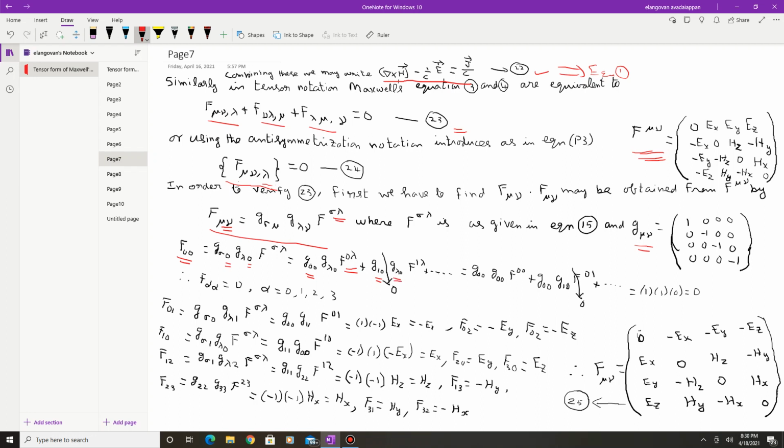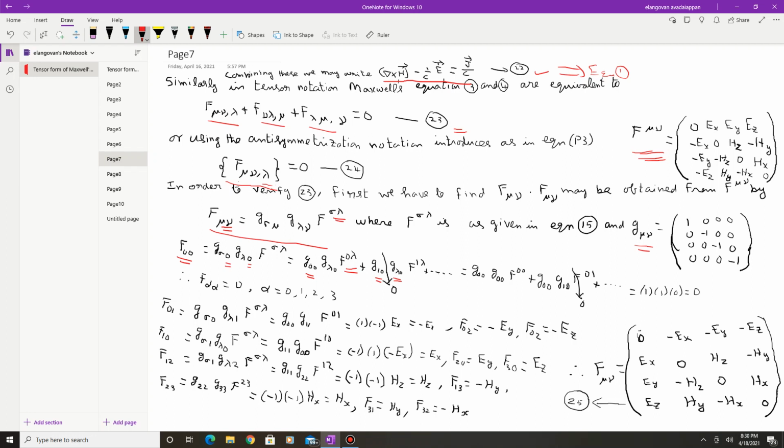So if you make a sum over all sigmas and all lambdas, you will get many terms, and except this term, all the other terms are 0, because g 1 0 is 0, g 2 0 is 0, and so on. All the off-diagonal elements of the matrix G are 0. Therefore, all the other terms are 0. So we have only this term.